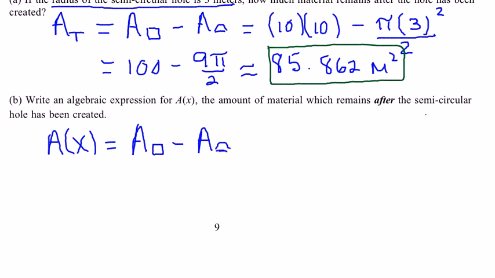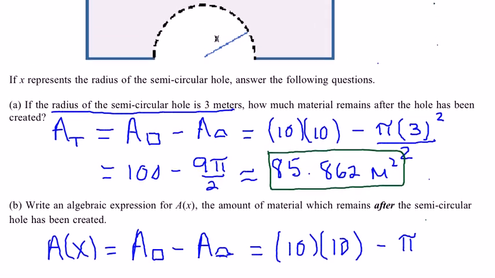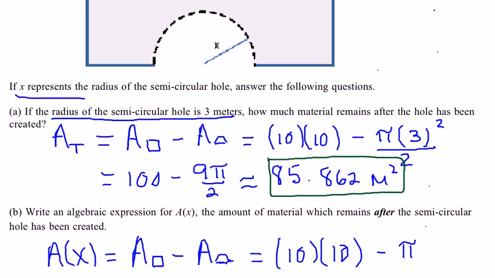Well, again, the area of the square, since it's a 10 by 10, is going to be 10 multiplied by 10, minus the area of the semicircle. Now the only difference is, I know that the area of a semicircle is pi r squared over 2. In this case, we are calling the radius x, right?